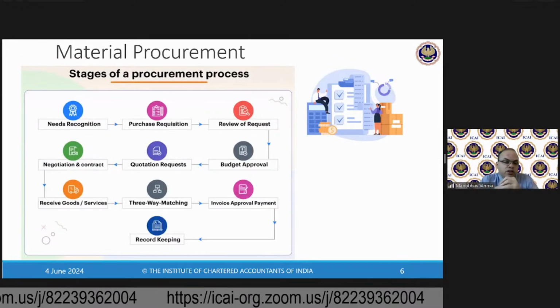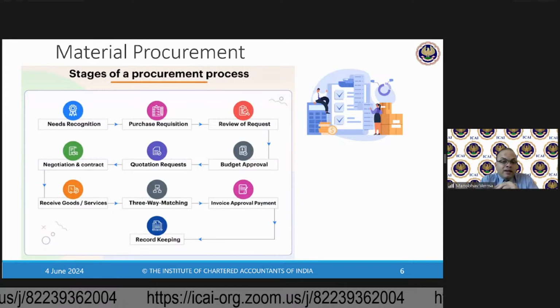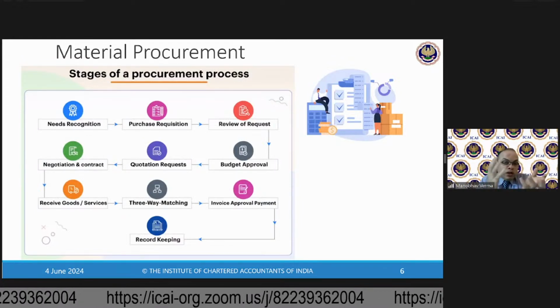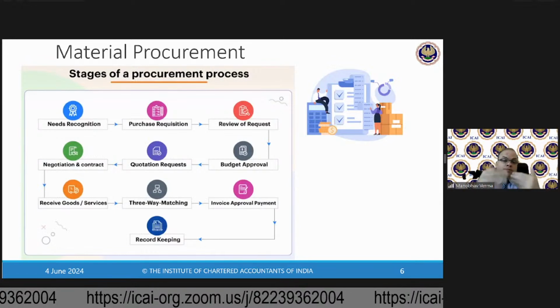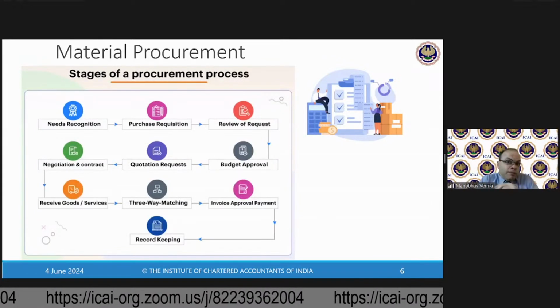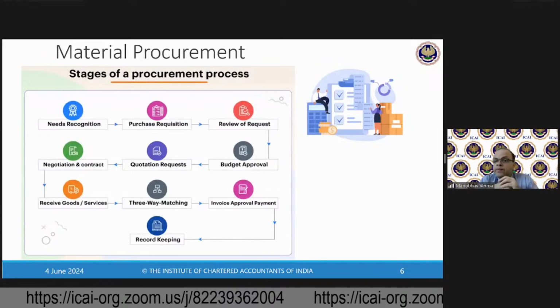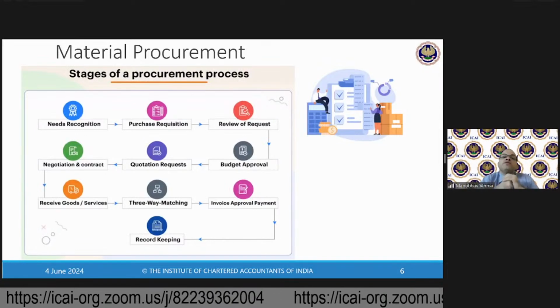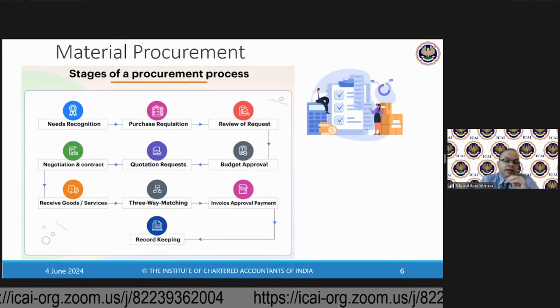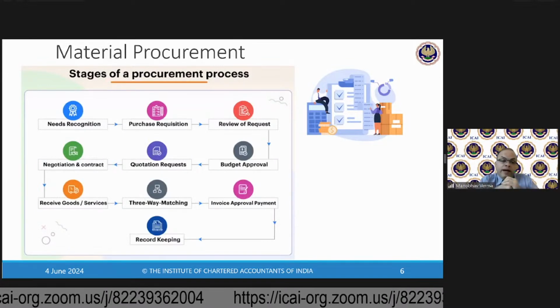You will do the negotiations, and once the vendor is selected, you enter into a contract, and then accordingly, when we're talking about something like a purchase order being issued, there are certain terms. I will be talking from an industry standpoint also today, so that you understand how the process is followed in a larger setup. So when you issue a purchase order, then the goods are dispatched from the vendor.